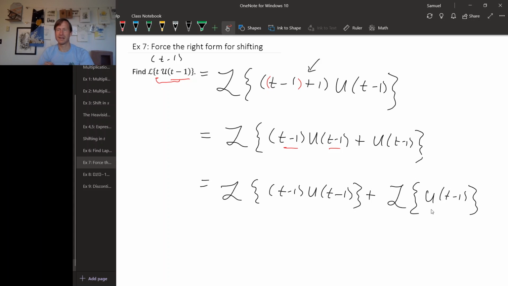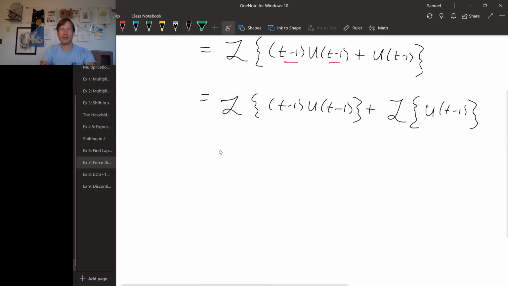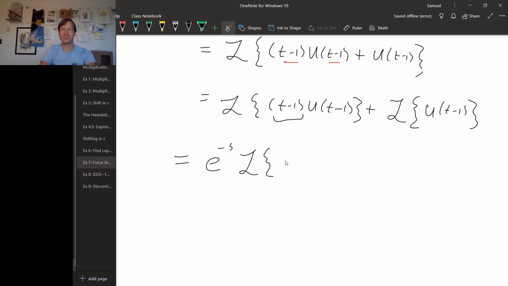For both of these, the shift matches the step, so we can use our Laplace transform rule for shifts in the t world. A shift in t looks like an exponential in s, so this is e to the minus s times the Laplace transform of the unshifted function. The unshifted version of t minus 1 is just t.